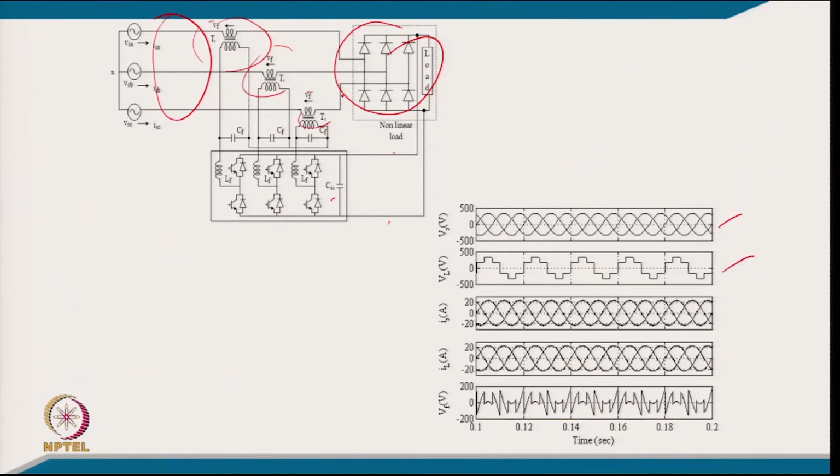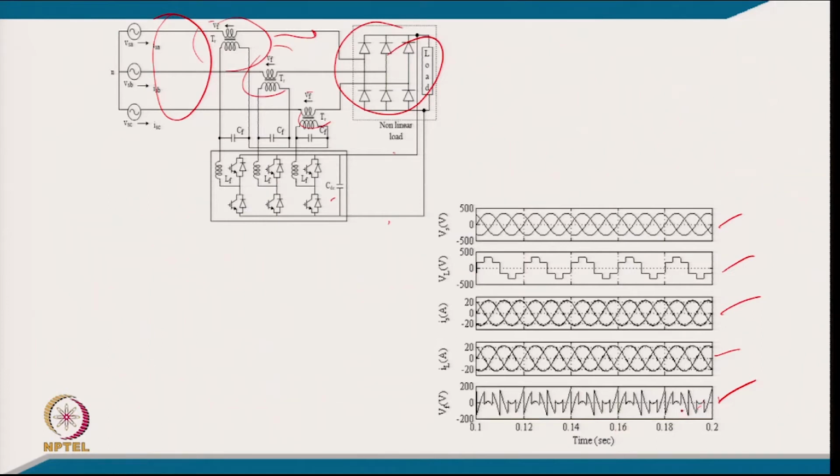If we inject the difference of these two, that is the series active filter voltage, in series with the line, then we will get the supply current balanced sinusoidal in phase with the voltage, and the same current flows at the input of the diode rectifier.